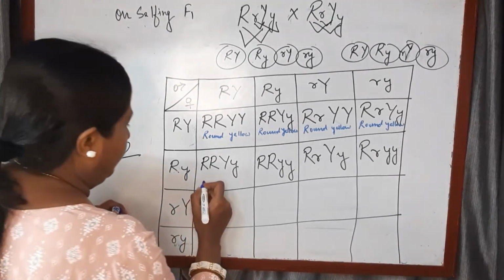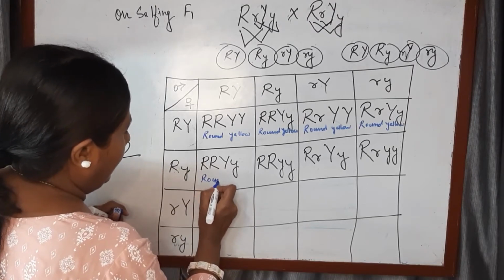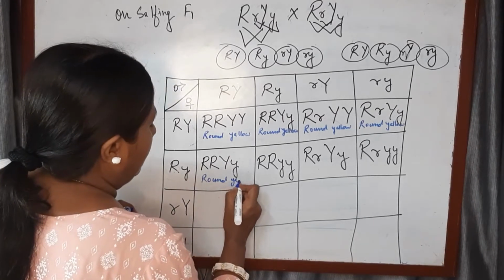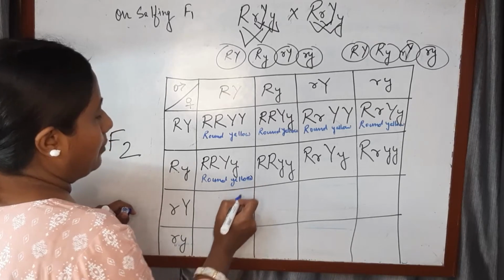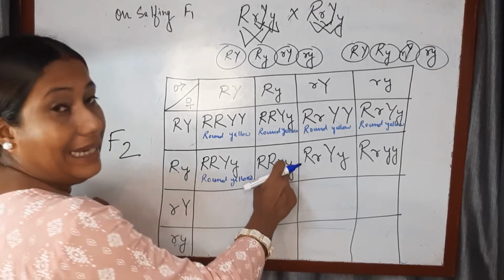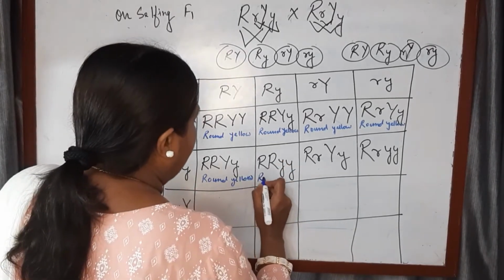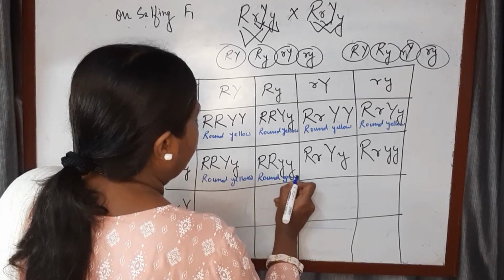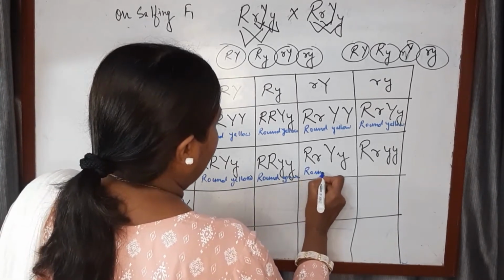This is round yellow. Why? The same cause: homozygous round and heterozygous yellow, because the recessive trait will not express itself. Again, this is a new combination, round but green, because both Y are small, that means recessive trait. So round green is a new combination. This is round yellow because it is heterozygous, round yellow.